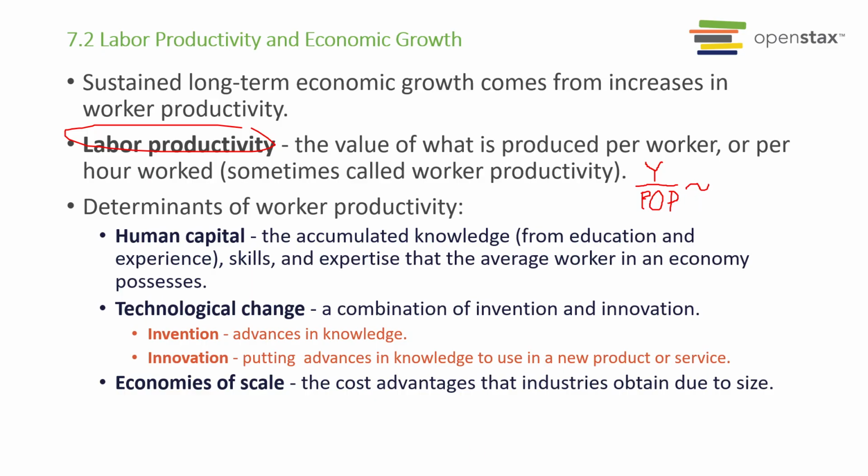The other way you can do it is, let me erase this real quick. The other way you can write it out is, let's say GDP, right, and then we divide it by the total number of hours worked by everybody in the economy.